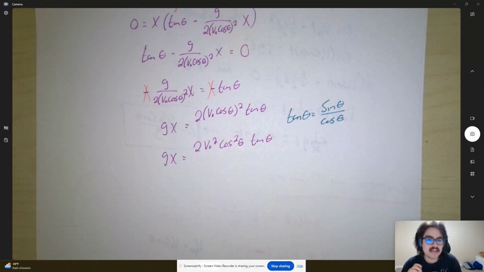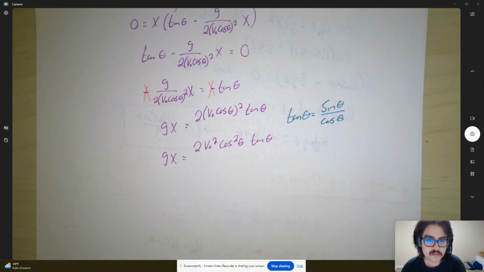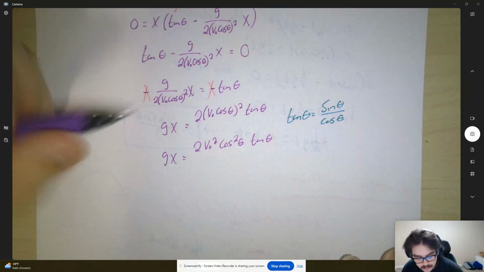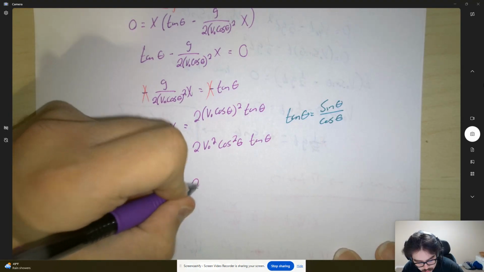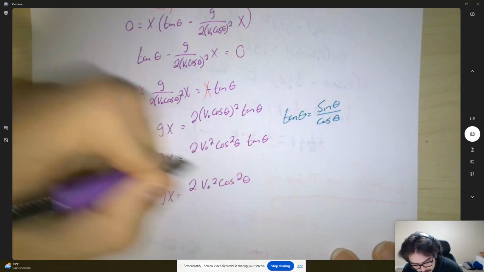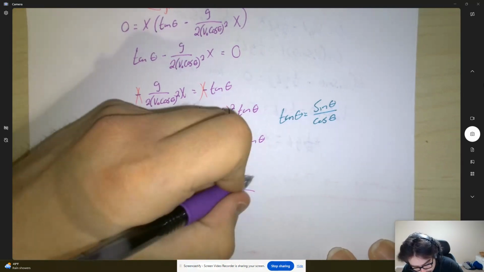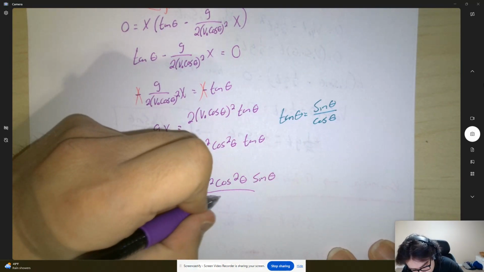It helps me cancel out some of my trig functions. The more trig functions I can cancel, the better off I'm going to be. So I get gx equals 2 v naught squared cosine squared theta times sine theta over cosine theta.